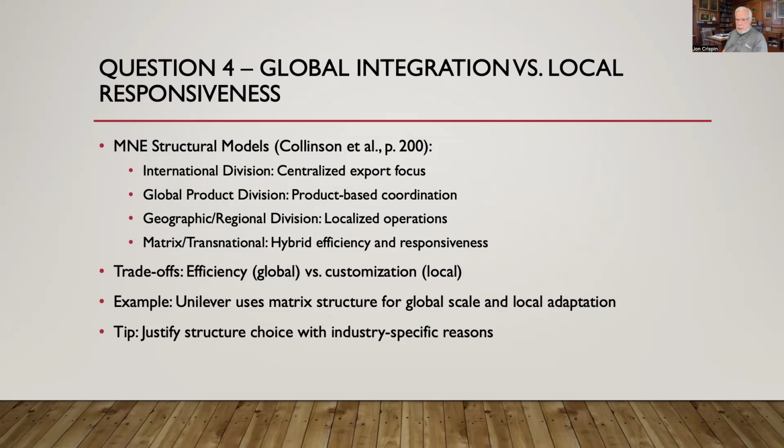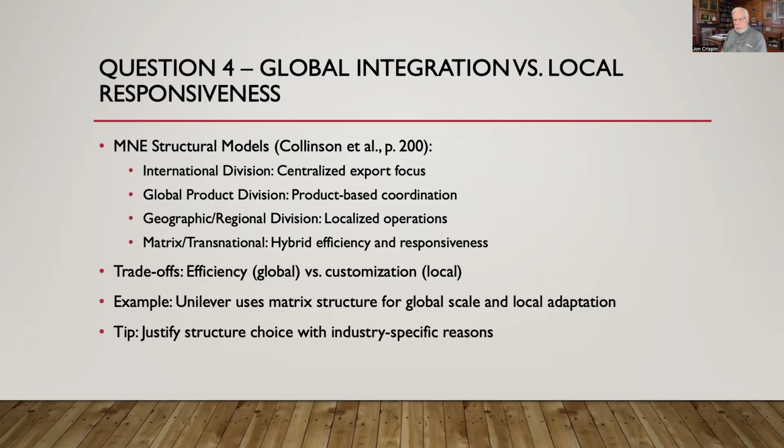You may want to consider Unilever as an example to show how a matrix structure supports both, and I encourage you to choose a real or hypothetical M&E and provide two clear, industry-specific reasons for chosen structures, citing the textbook and grounding their arguments, your arguments.